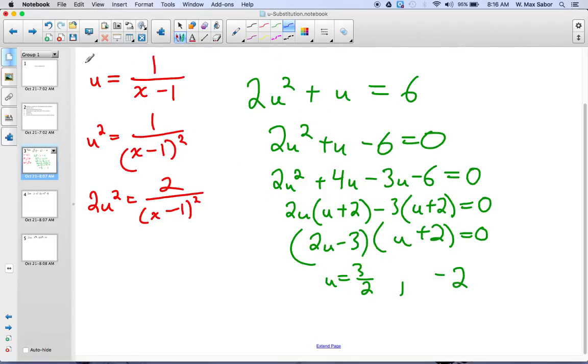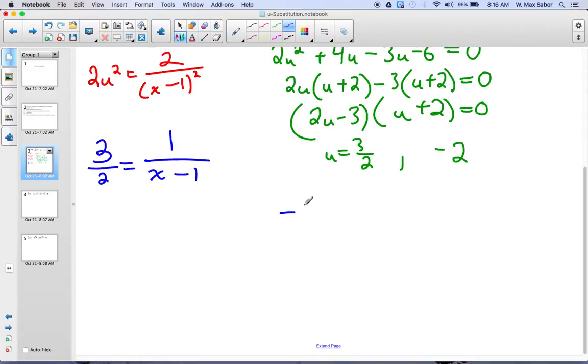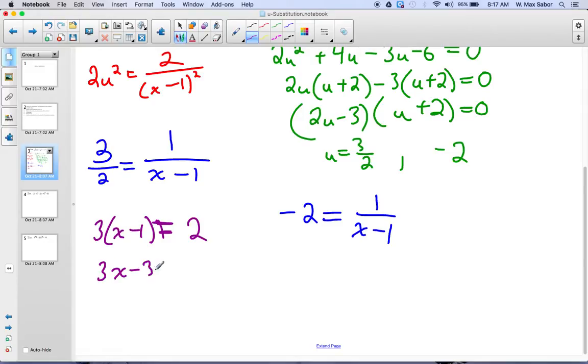Now we can substitute those back in. Since those are our u values, we can say that 3/2 equals 1 over x minus 1, and our other solution will come from -2 equals 1 over x minus 1. So we solve both of these equations, cross multiply. 3x minus 3 equals 2. 3x equals 5. x equals 5/3.